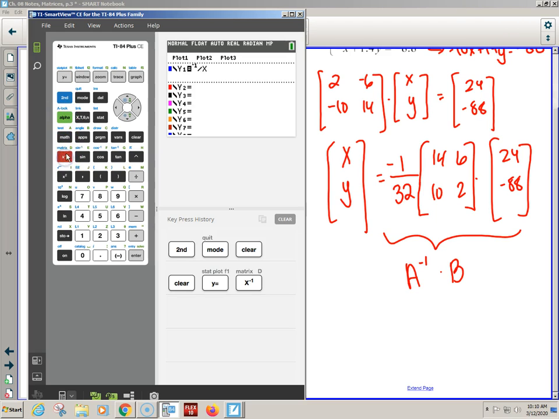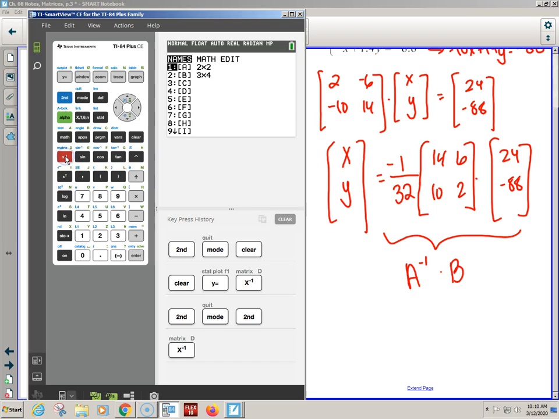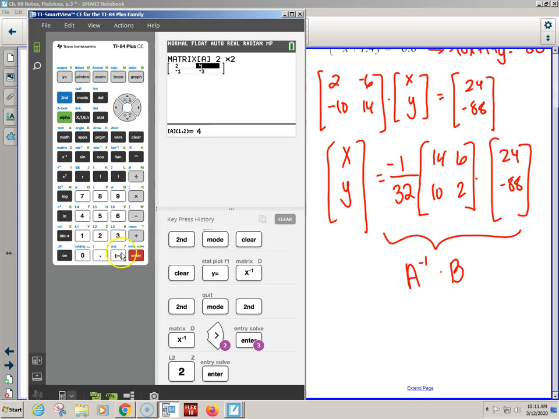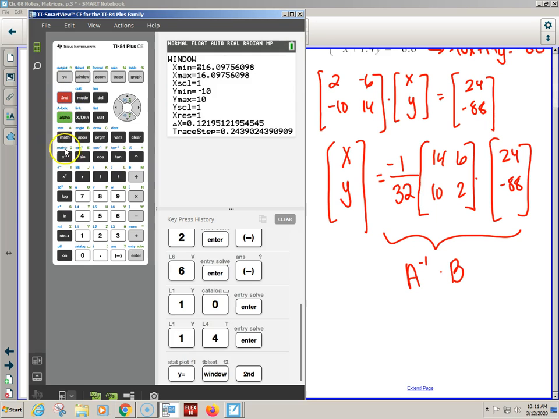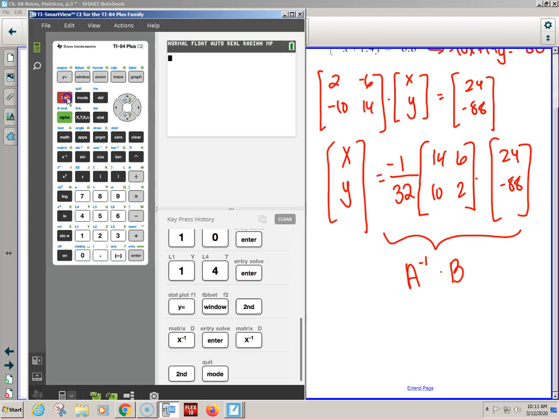Remember that second inverse, it's normally a reciprocal button for numbers, but for matrices, we saw yesterday, it is the inverse. So we can go ahead and edit to make our matrix A, which is this first guy, our coefficient matrix. And then we could have done that matrix A with that little inverse button.